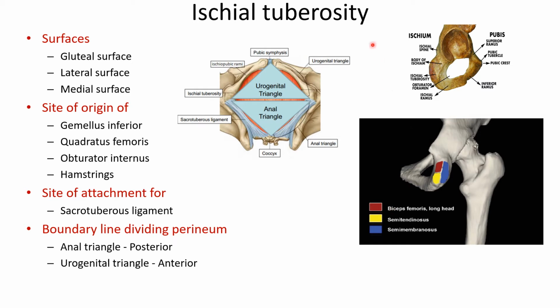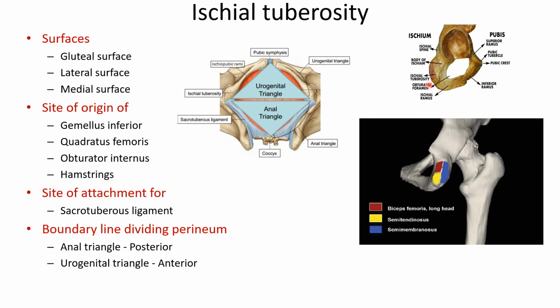The ischial tuberosity presents three surfaces. One is the gluteal surface, the other is the lateral surface, and the medial surface. What you will be observing is the gluteal surface.